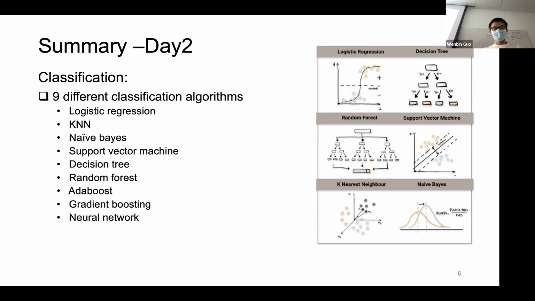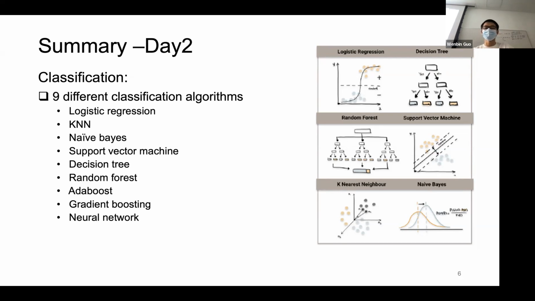And we learned about boosting, how to make weak learners form a strong learner. This is also called ensemble learning, where we use the wisdom of the crowd. And lastly, we talked about the neural network for classification. We also tried those algorithms in the Jupyter Notebook.